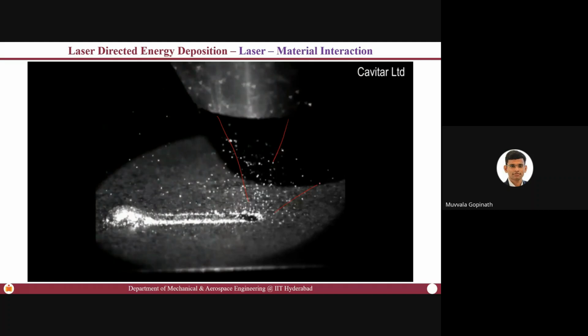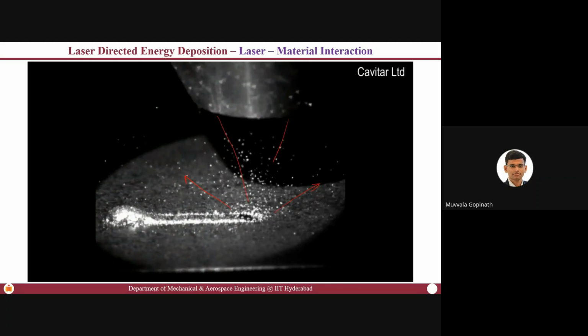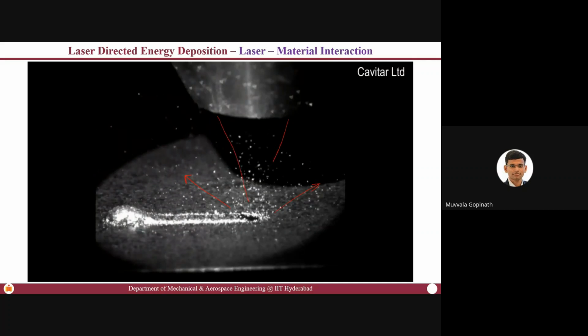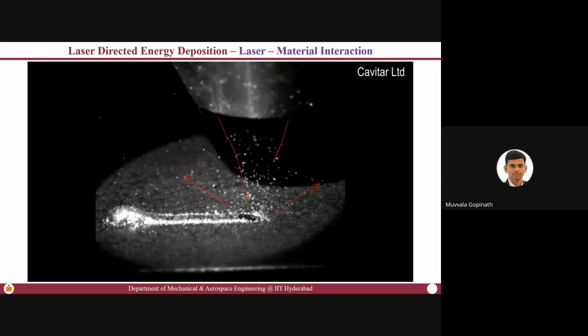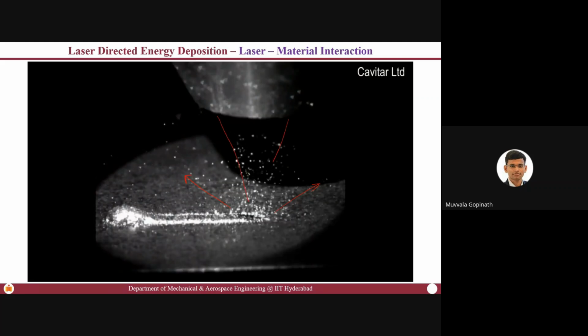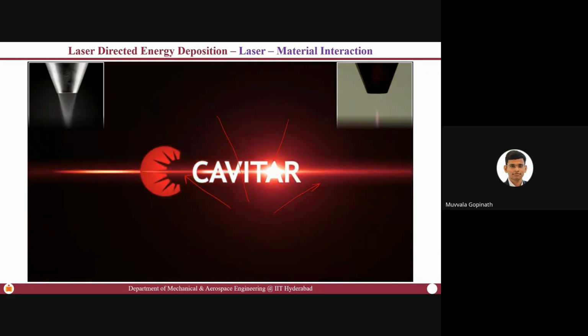But parallelly, you can see a lot of powder particles are going out, right? So there is something called laser material interaction. Some energy is going into the powder, some energy is going into the substrate, creating the molten pool. Powder particles are falling into it, and some are flying away.